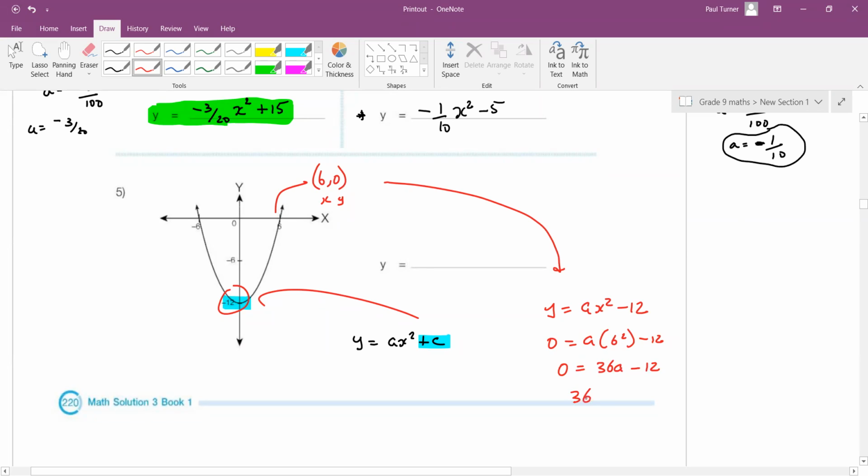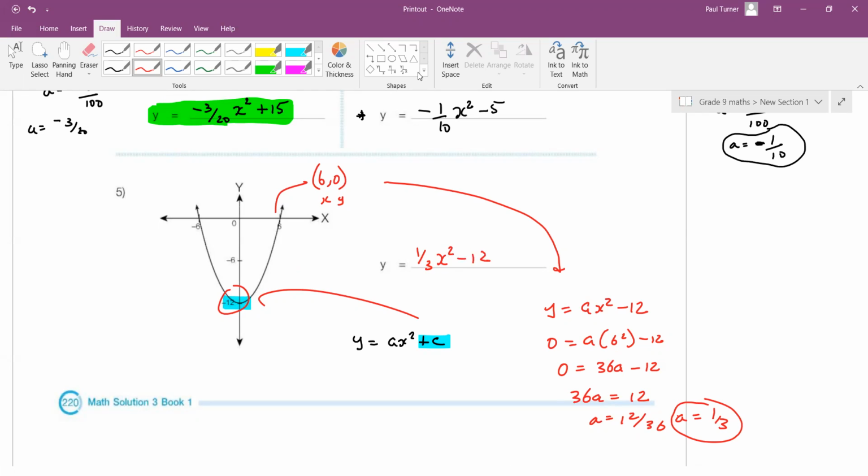So we'll have 36a equals 12. A is 12 on 36, so A is 1/3. So then we're going to get y equals 1/3 x squared minus 12 for the final answer.